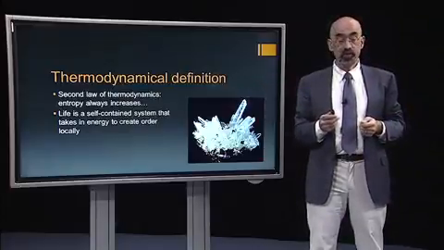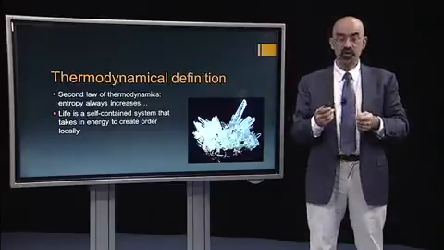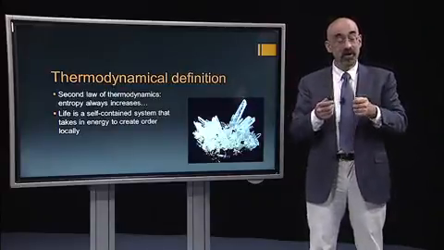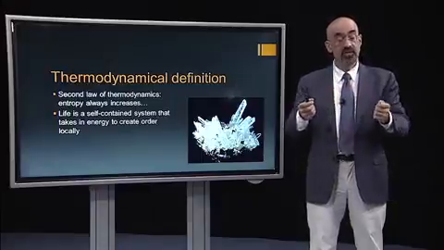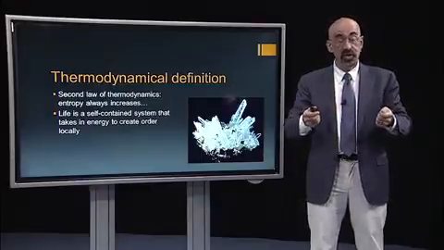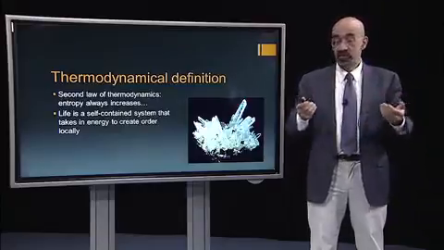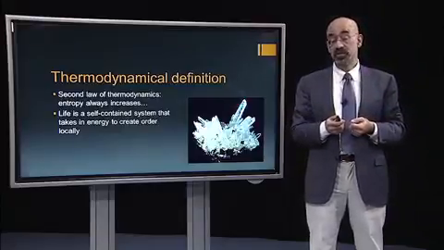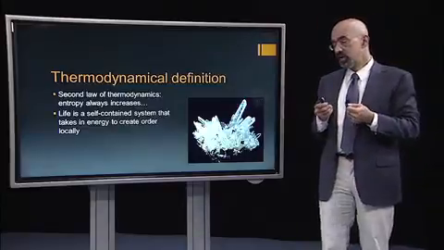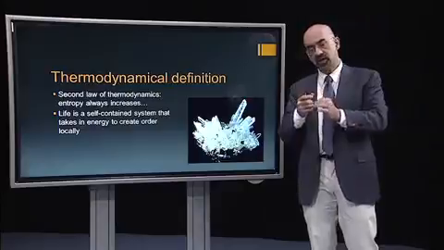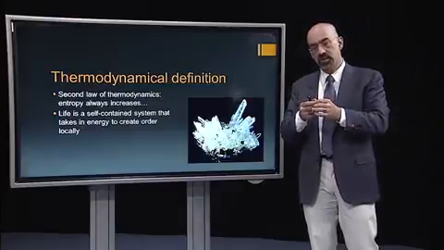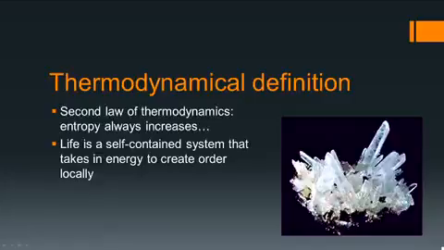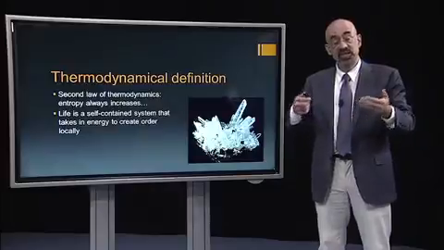If you start with a cup of coffee that's pure coffee, add some milk to it, the milk will slowly spread through the coffee. It will become more disordered and eventually become, to your eye, effectively completely uniformly mixed. Now, one of the interesting features of life is that it's a local region of order surrounded by disorder. We can think of life as a self-contained system that takes in energy and uses that energy to create order locally in an environment that grows increasingly disordered.